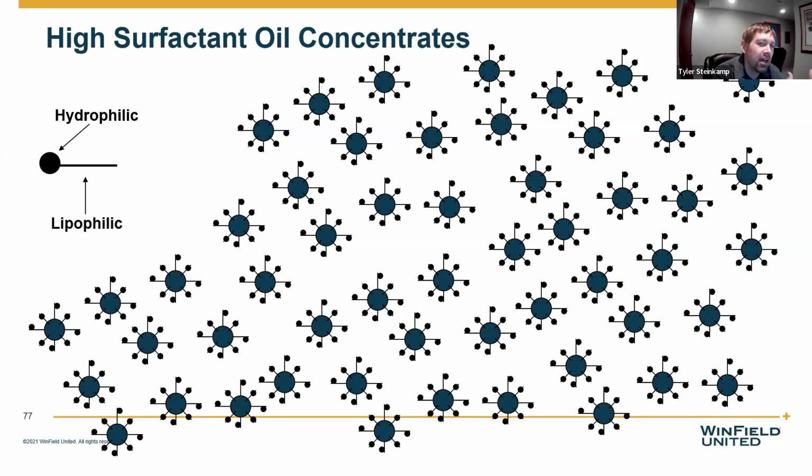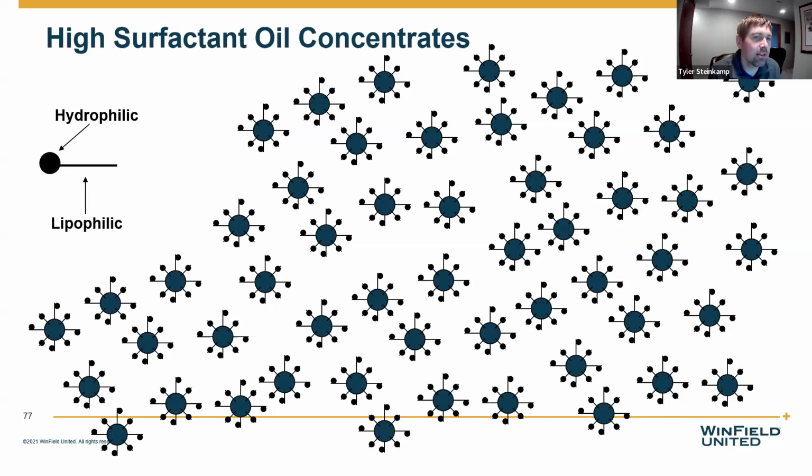Because we divided the oil more effectively and have more individual droplets, we actually see about a 2x rate of activity. That's why with a high surfactant oil, we usually go at half of the rate of a traditional oil.